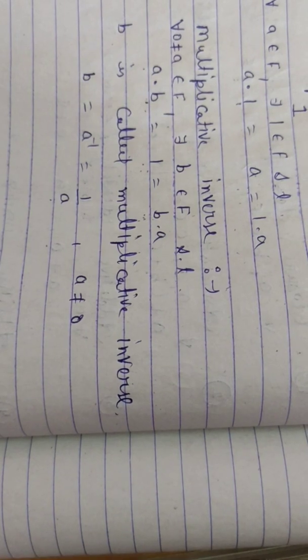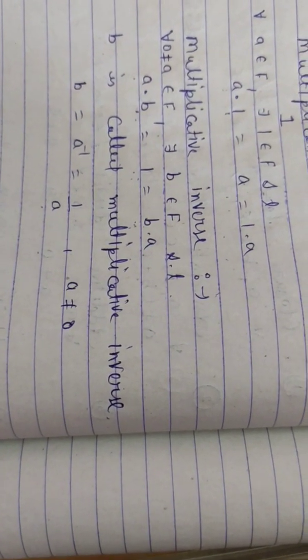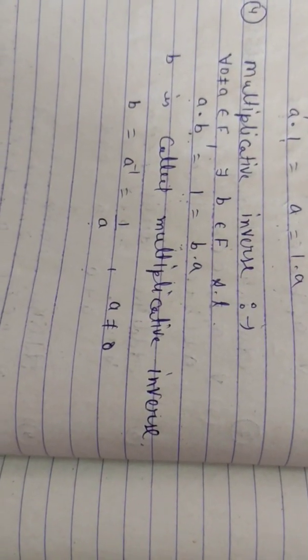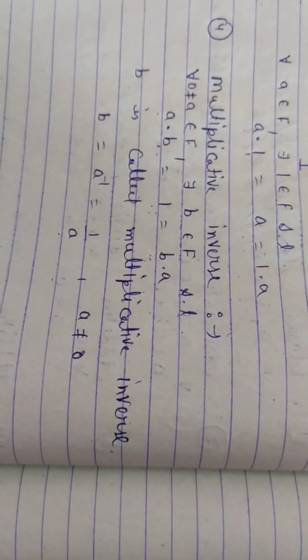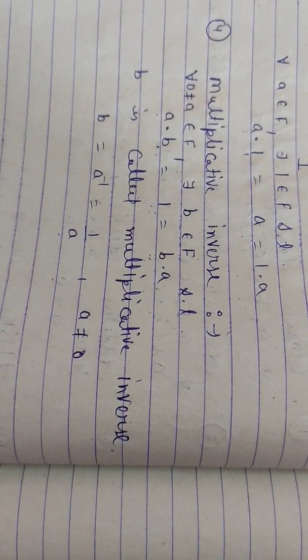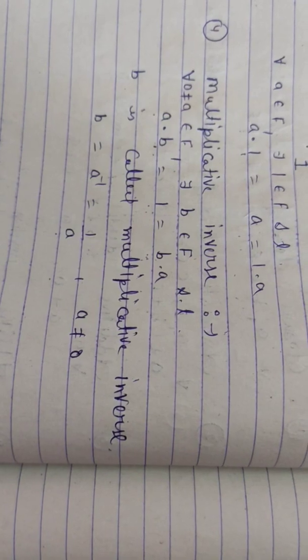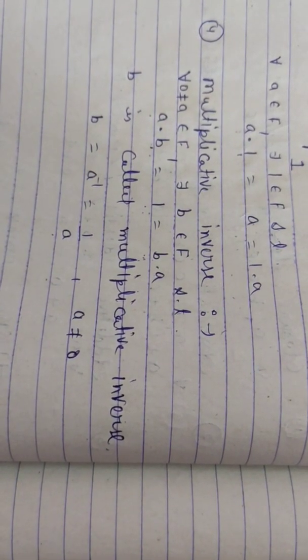That means the additive identity does not have any multiplicative inverse, because the additive identity is 0, and there is no multiplicative inverse for the 0 element.